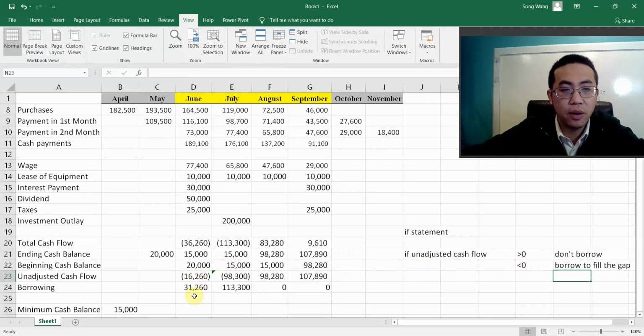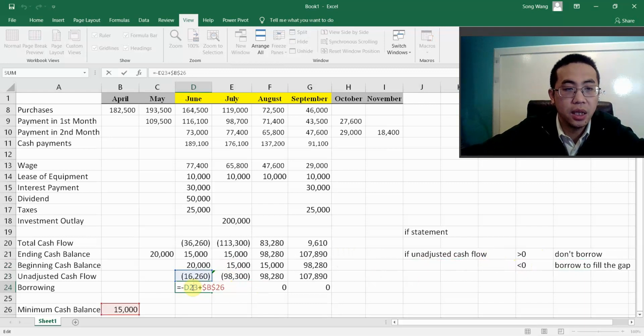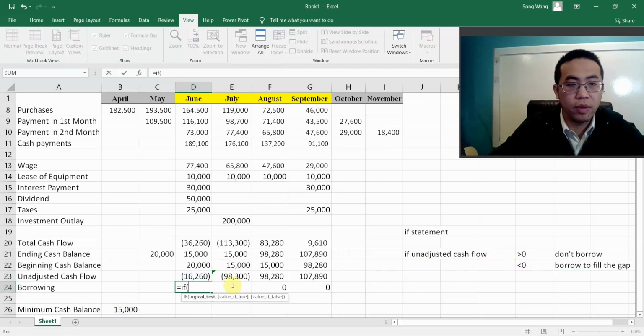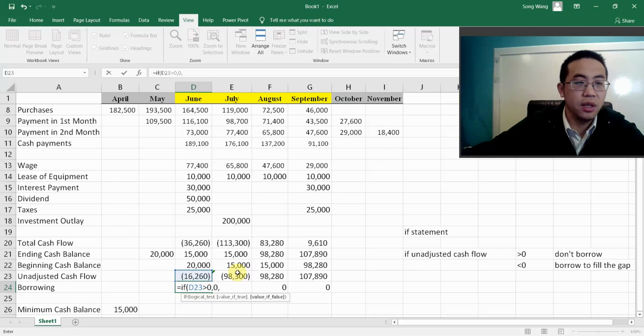So how much do I need to borrow? Well, as I said, if this unadjusted cash flow is greater than 0, I don't need to borrow. But in this case, I have an unadjusted cash balance in June that is negative 16,000 and something. I do have to borrow. So how much do I need to borrow? I will need to borrow the negative of that.